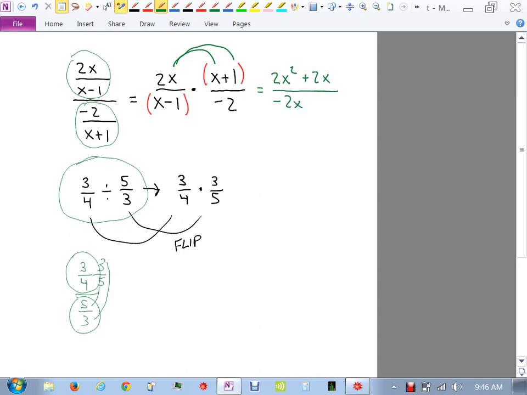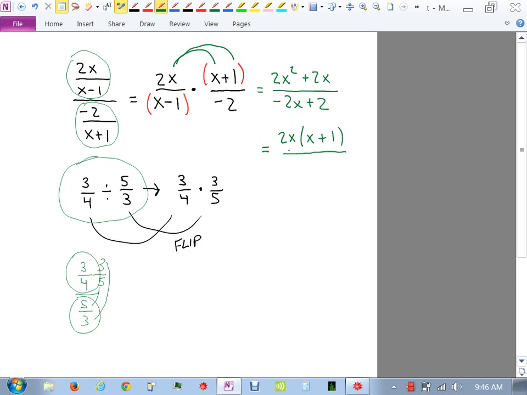Negative 2x and plus 2. Yes? Okay. Look at your numerator. Can you GCF the numerator? What can factor out? 2x. And what's left? Plus 1.